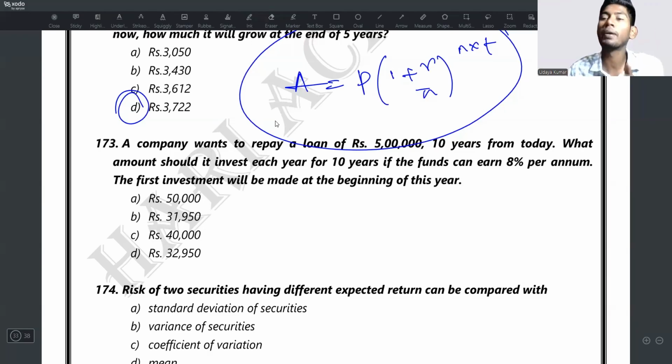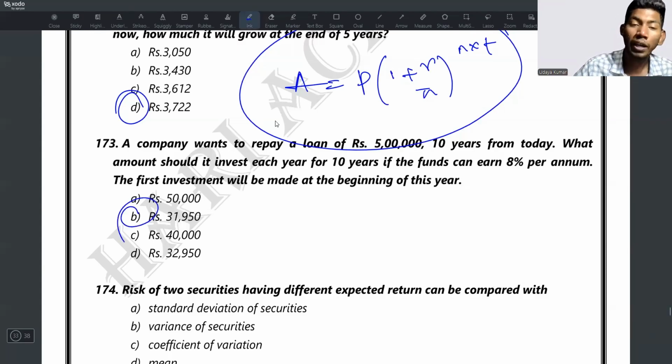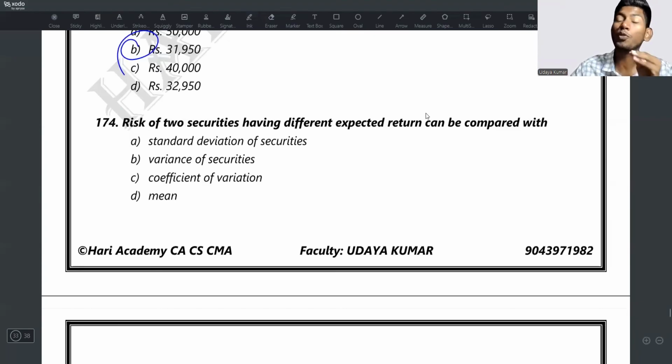I'm not listing the formulas here because you must make yourself involved, so that you can revise them.